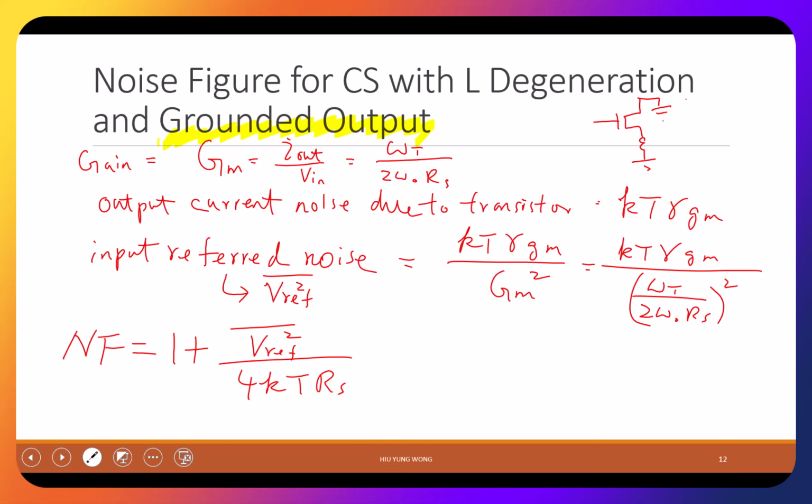We just state that it is just the total noise at the output divided by the gain divided by the reference, right? It's still the same, right? That's what I had before, but as a hint for your exam, second time I say it. So now I'm going to do this, then it's KT gamma GM. I just copy everything. Omega T square, I'm going to put this to the top.